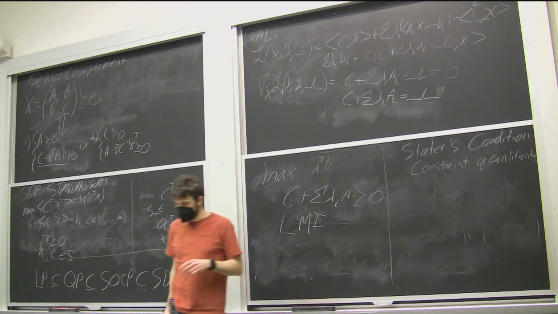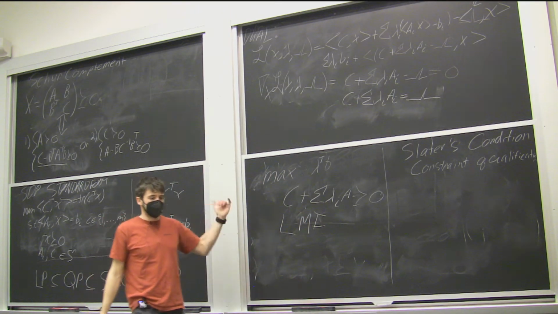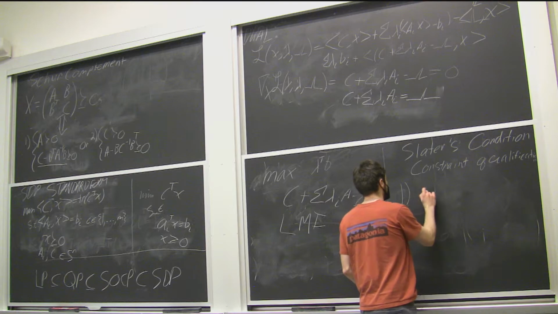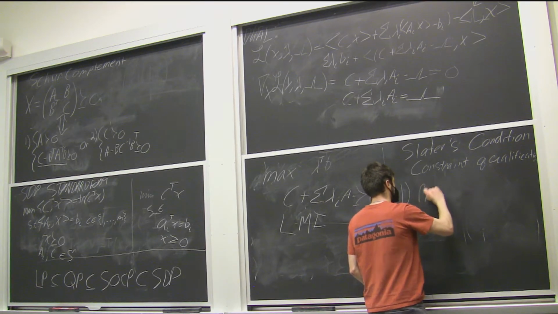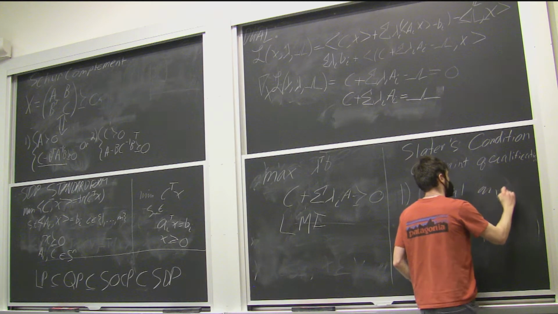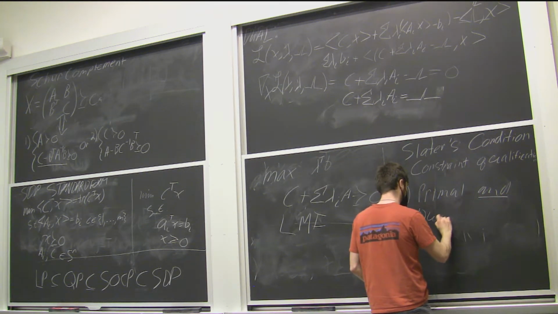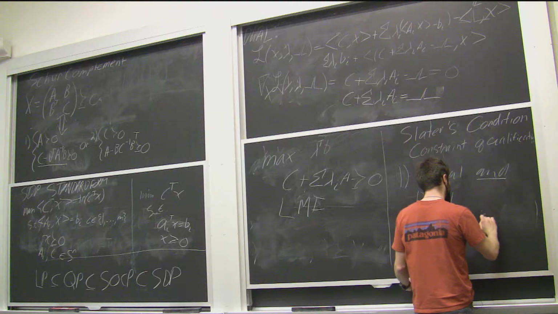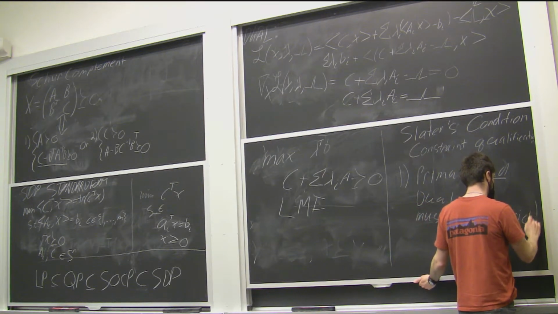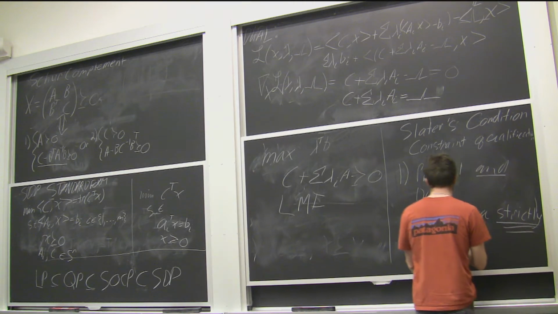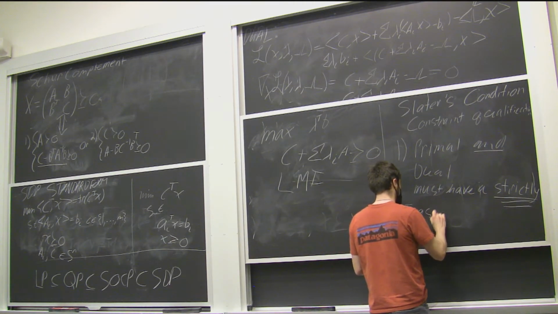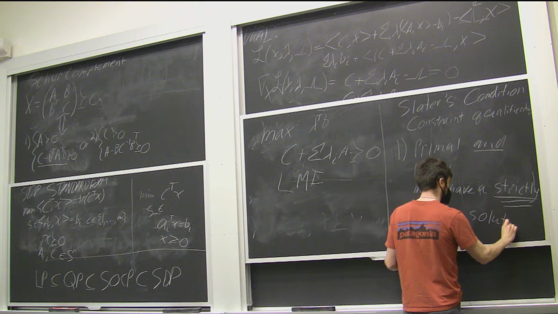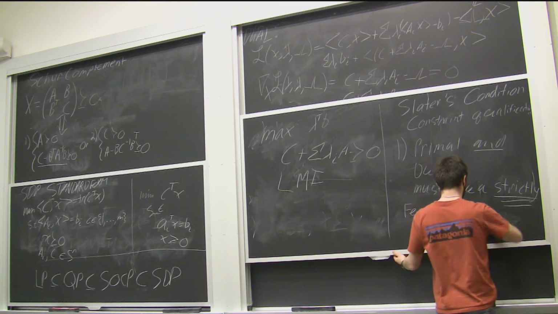Sorry for the small writing at the end there. So these two formulations are equivalent for like 99.9% of problems, because all you need is that the primal and dual must have a strictly feasible solution, a strictly feasible point.